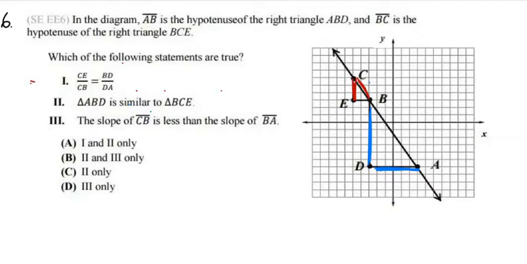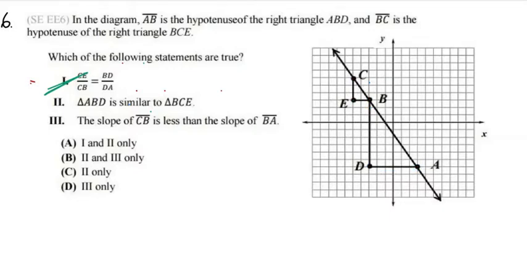So if I created a fraction out of EC and EB, then I would have equivalent fractions because those are corresponding sides. If the sides do not correspond, then we can't guarantee that that's going to happen. Okay, so that's out.